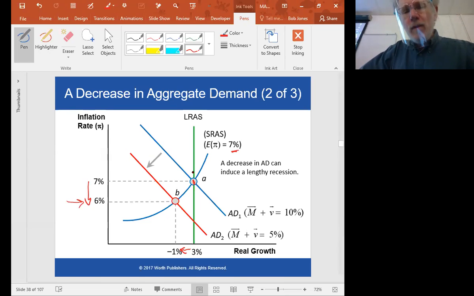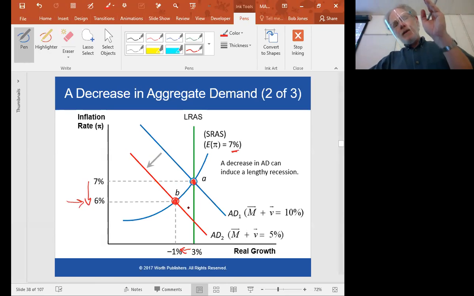So here we see that this point and this point show us what happens on the supply side when we have less inflation than people were expecting. When we looked at the points up here, that showed us what happened when we had more inflation in the short run than people were expecting.